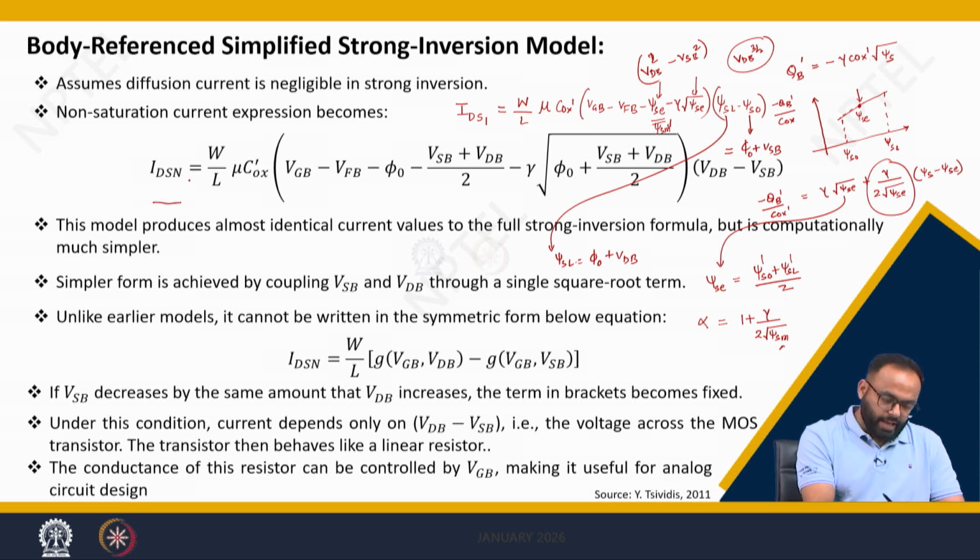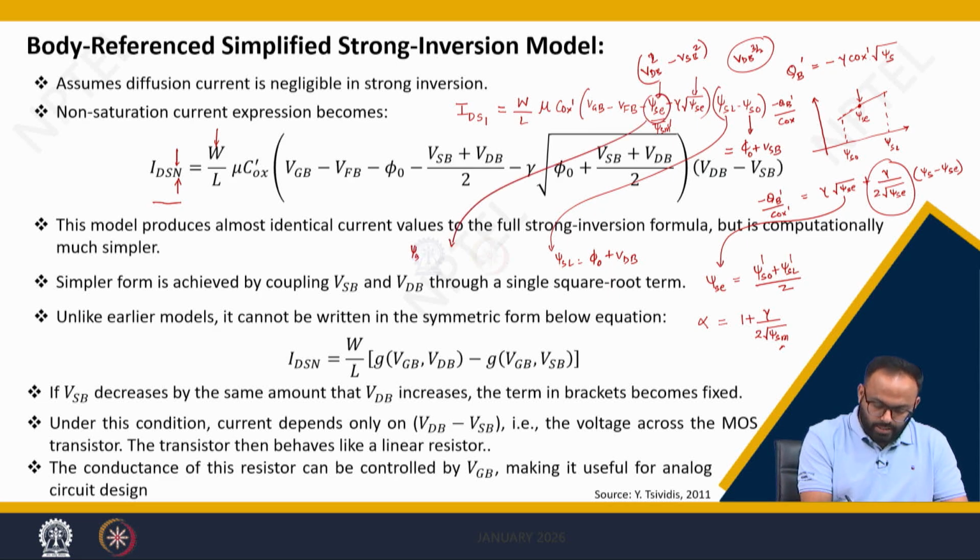IDSN, where N stands for non-saturation. We are considering only the drift current as dominating, and hence we are ignoring the diffusion part. So instead of writing IDS1, we are just considering IDS, and N stands for the non-saturation region. W by L mu into Cox dash, VGB minus V flat band voltage minus psi s e. So what is psi s e here?